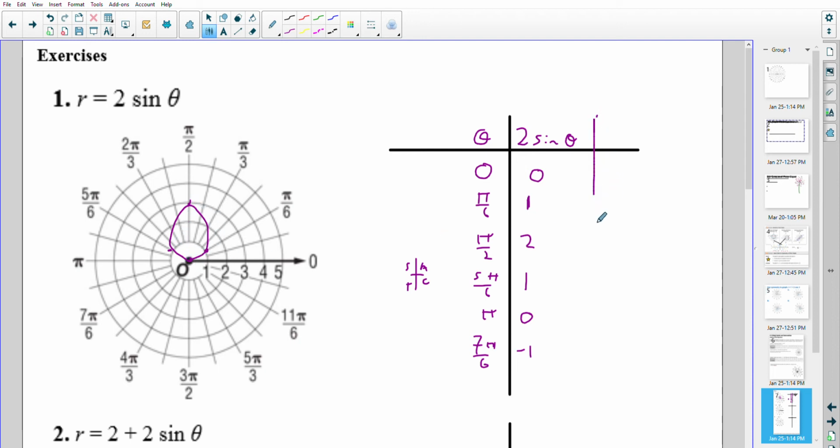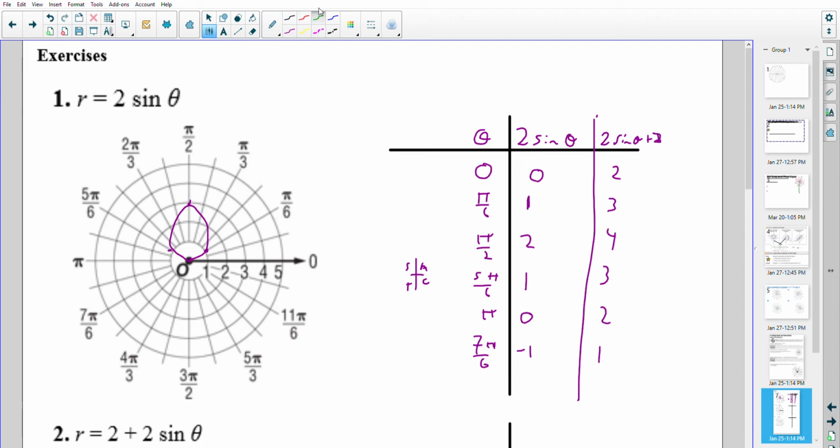Now, in the next graph, it's 2 sine theta plus 2. So I'm going to add 2 to all of the values in this column and see what happens. Will this shift up 2 units like we've seen before in the XY plane? So I'm just going to put 2, 3, 4, 3, 2, and 1 and see what happens.